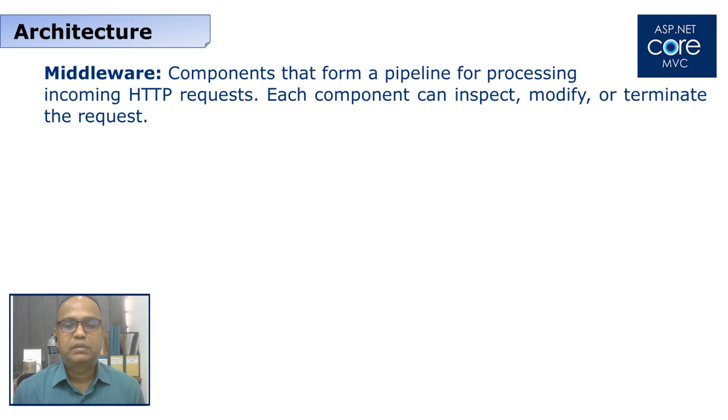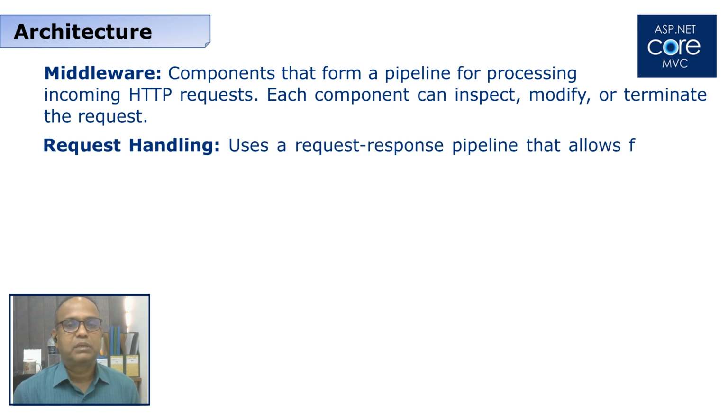Architecture. ASP.NET Core uses a modular and layered architecture which includes middleware components that form a pipeline for processing incoming HTTP requests. Each component can inspect, modify, or terminate the request.